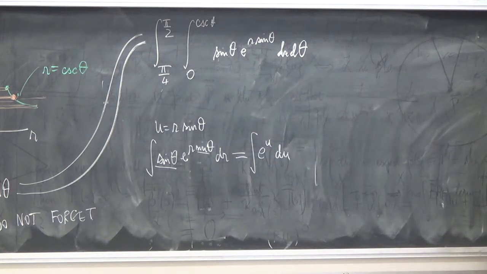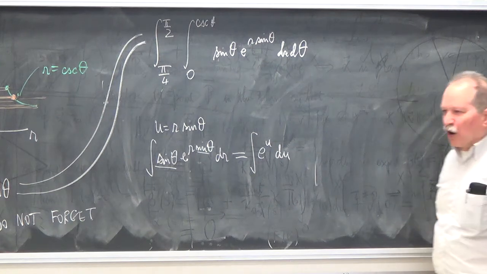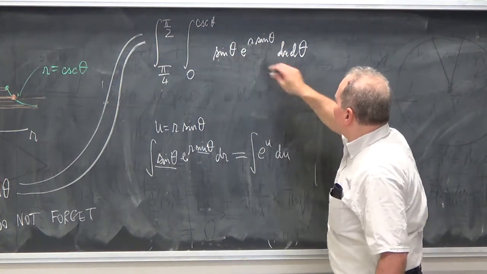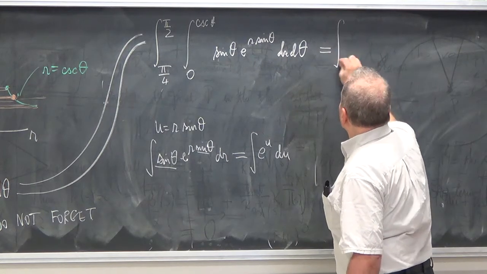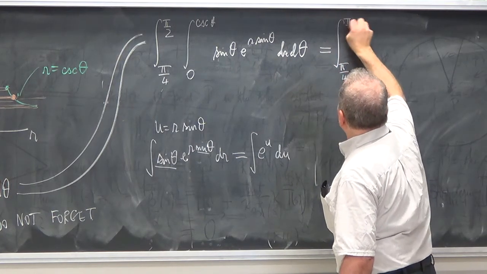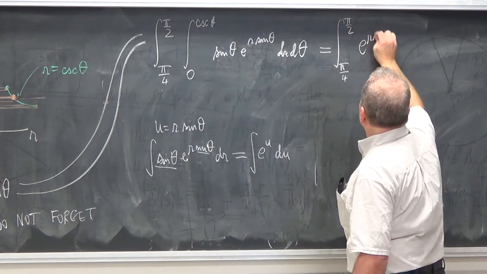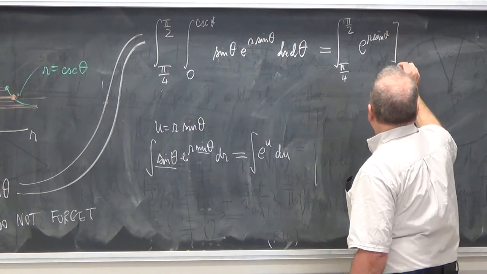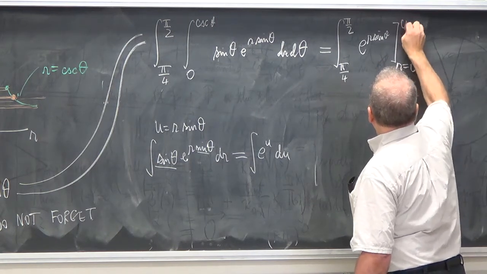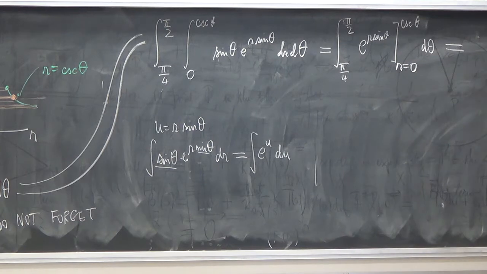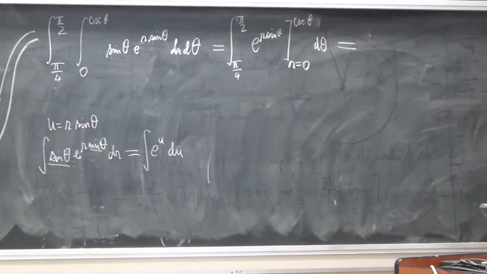Do we have to use substitution, or do we just treat sine theta as a constant? Well, you have to recognize that you know the antiderivative. So what is the antiderivative? It's e to the r sine theta, and then you put in r going from 0 to cosecant theta. Isn't that cute? So what happens?